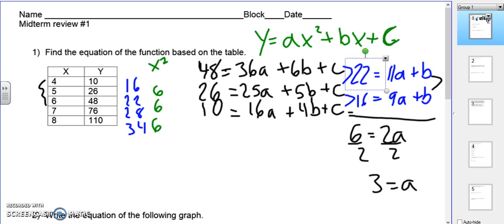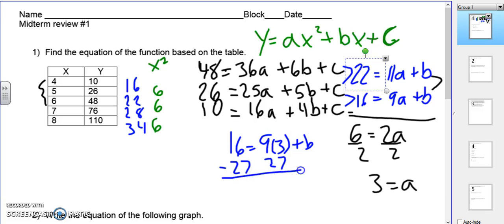All right, now we're going to pick an equation, one of the blue ones, to plug in for a. Doesn't matter which one. I'm going to go with the 16 equals 9 times 3 plus b, which is 27. So we're going to subtract the 27 from both sides. b is negative 11. And then the last step, we're going to plug in to the original equation to find c. So I'm going to pick the 10.